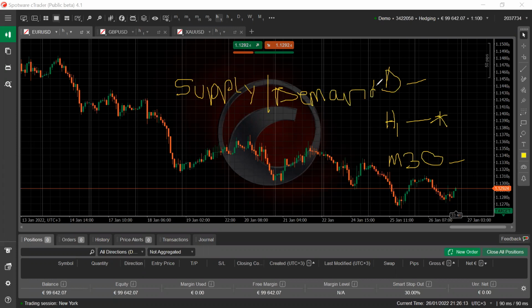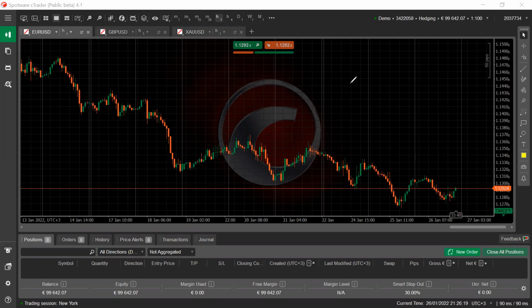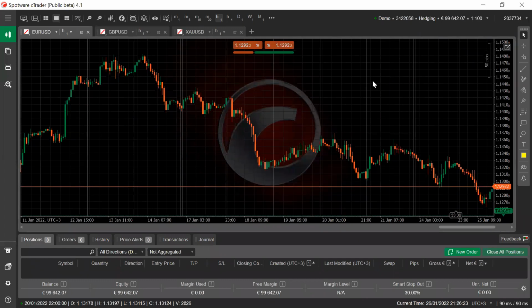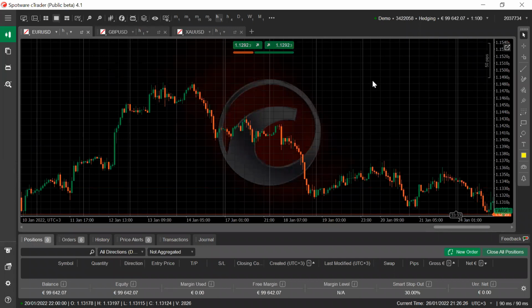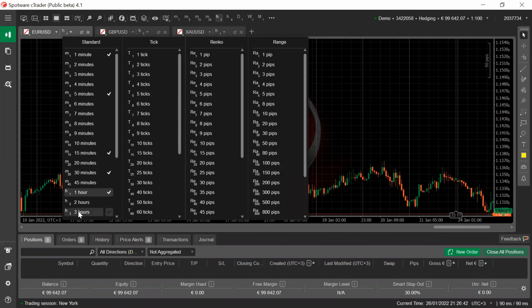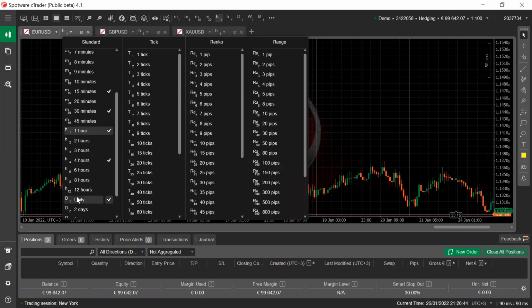So what do we mean by supply and demand? Just like we had learned about support and resistance, supply and demand is a little more informative, it informs you a lot more than support and resistance. Essentially, if you take the 1 hour time frame, which is what he has used, or even daily, it doesn't really matter.